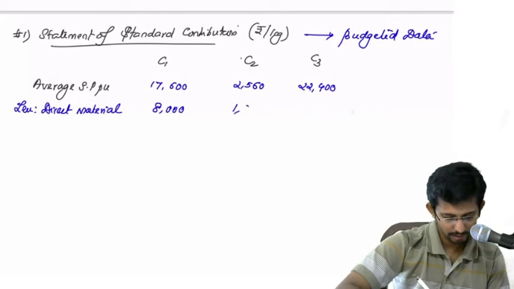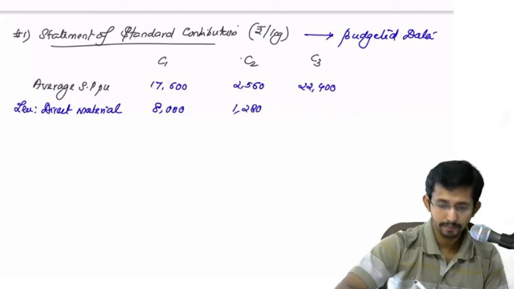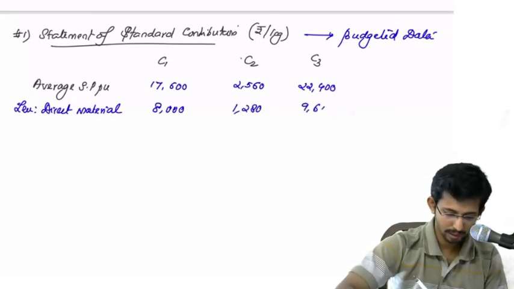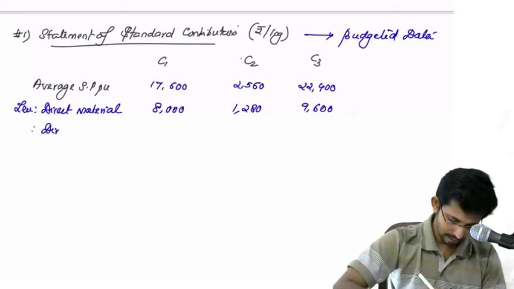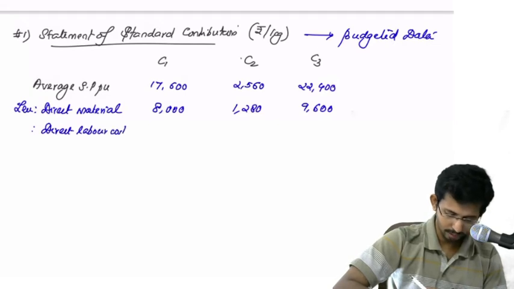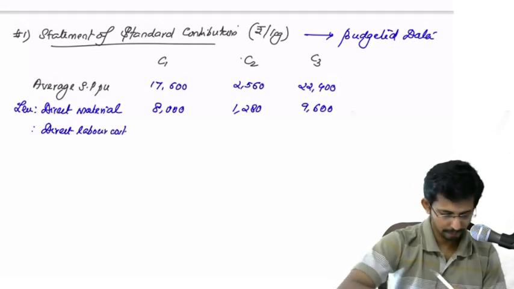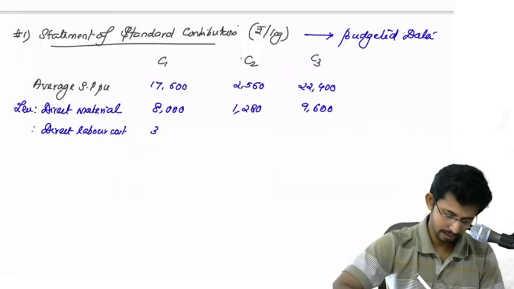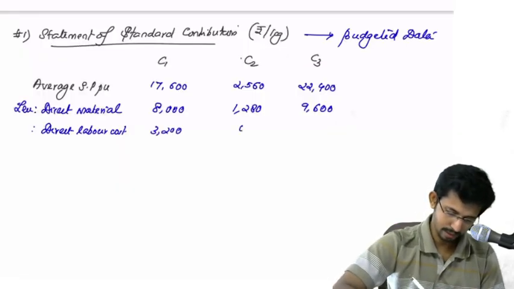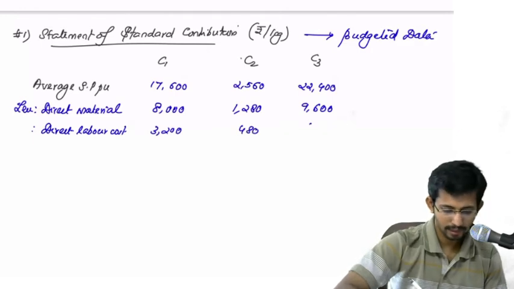8000, 1280, then 9600. Then less direct labor cost. If you see, 3200, 480 and 4800.